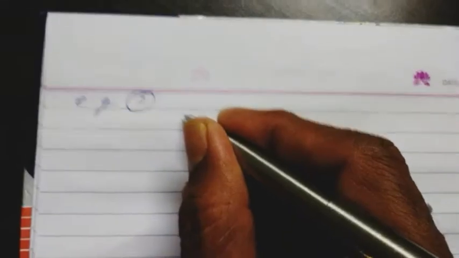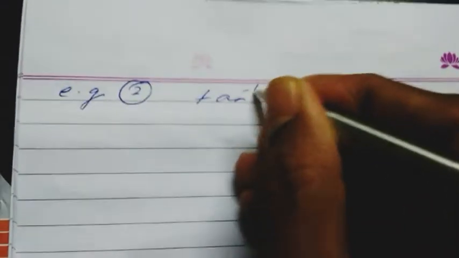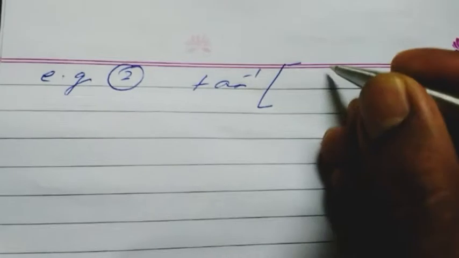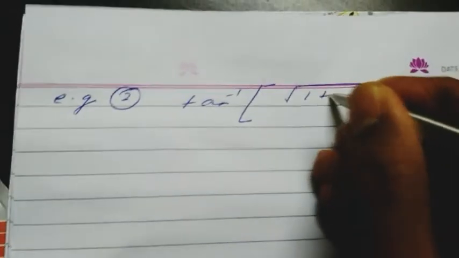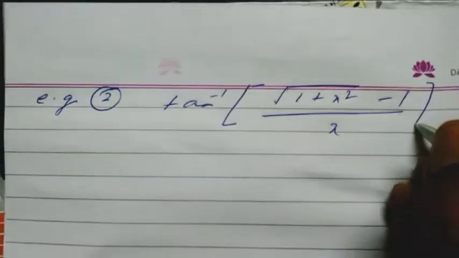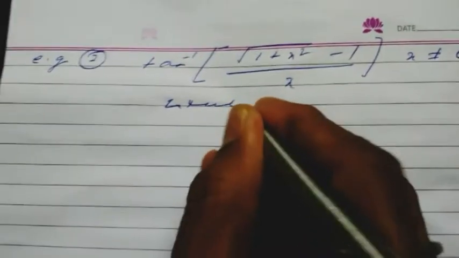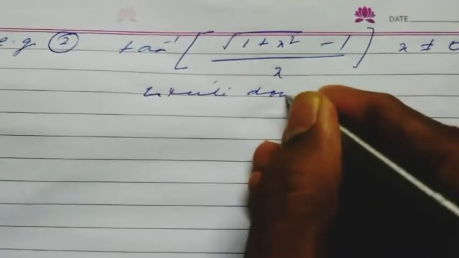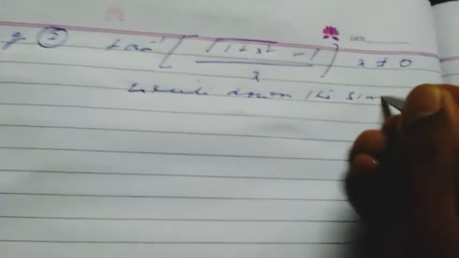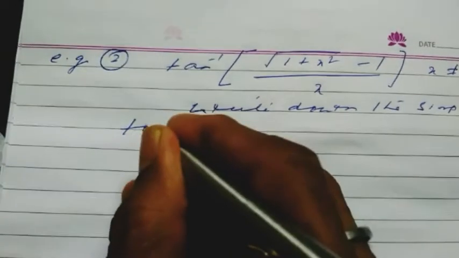Suppose the example I am putting here is, we have to find the simplest form of tan inverse of root under 1 plus x square minus 1 upon x, where x should not equal 0. We have to write down the simplest form for the above mentioned question.